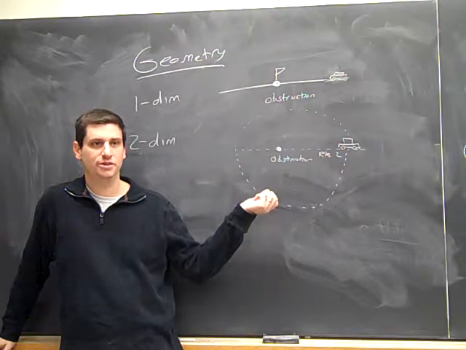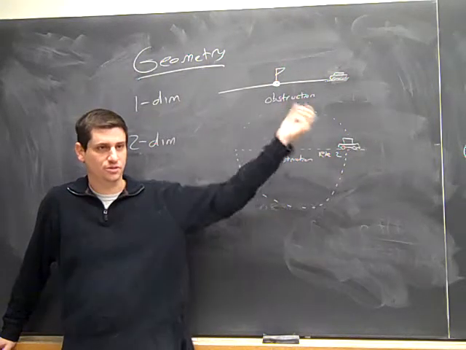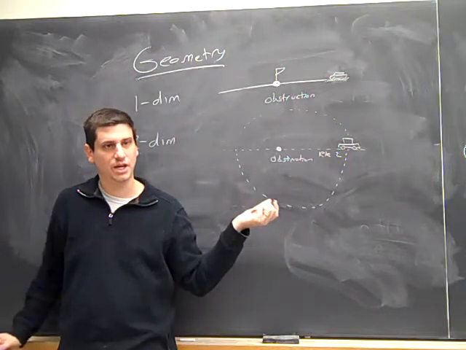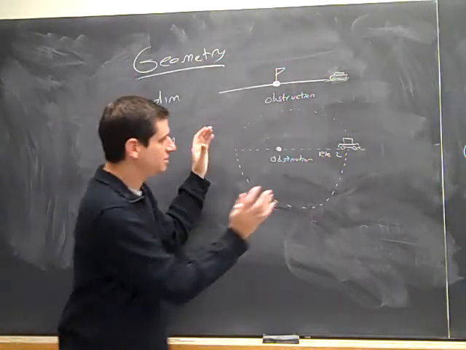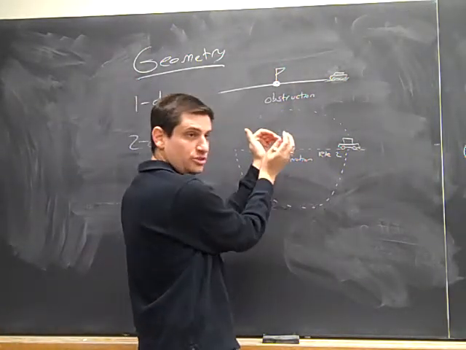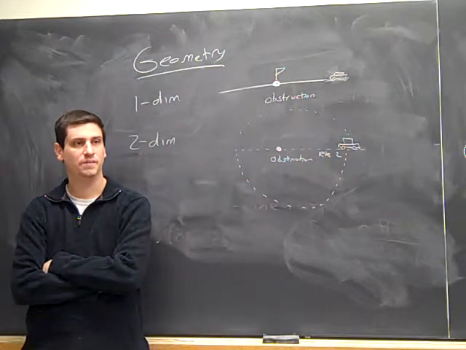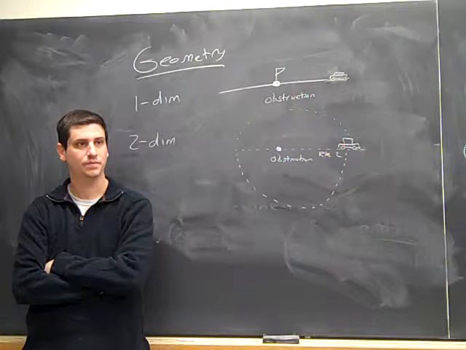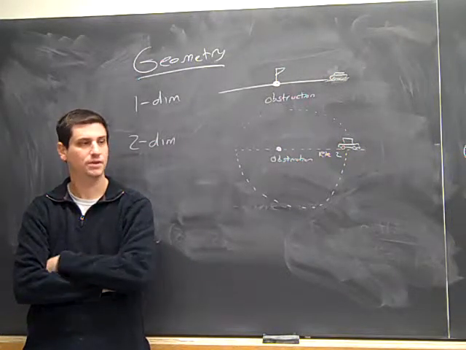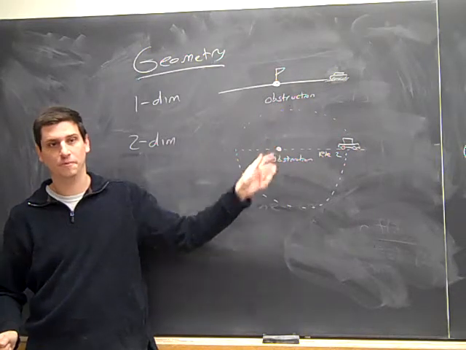What can't I do to this curve? You mean the circle? The circle. Can't condense it into a line. Good. I can't contract it into a point. I can't reduce it to a singleton. Why can't I do that? Yeah, because the obstruction is in the way.